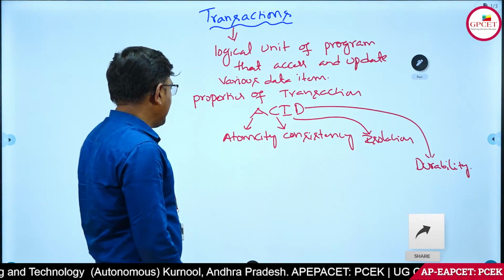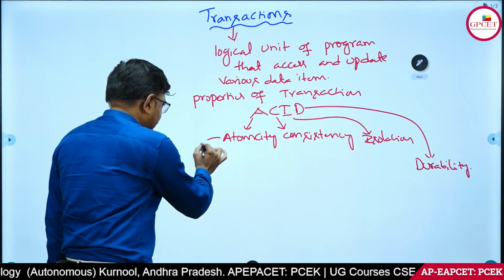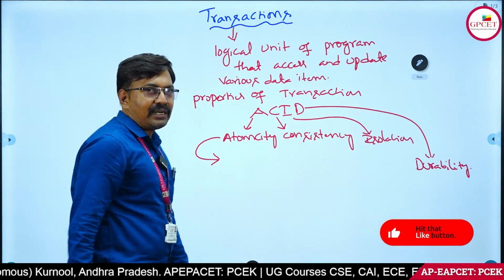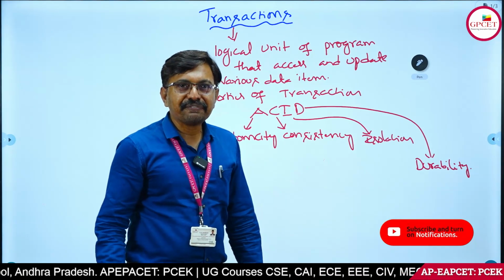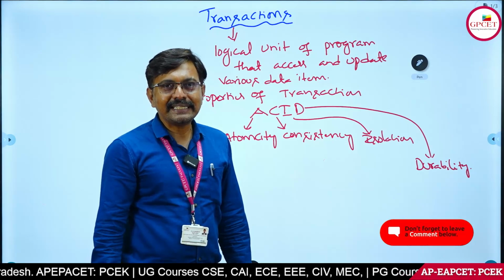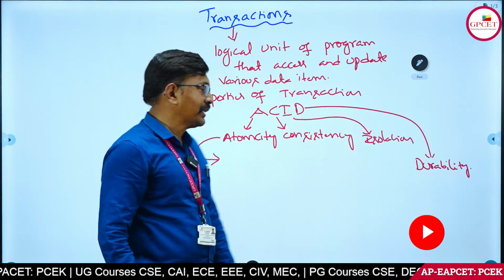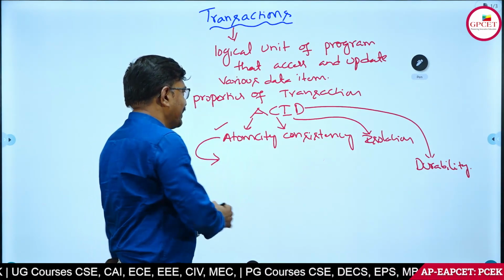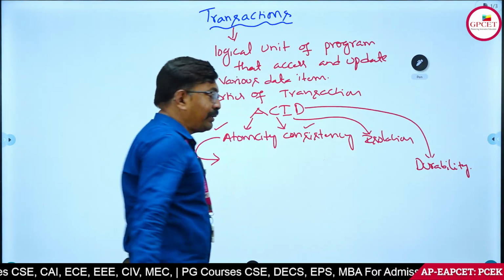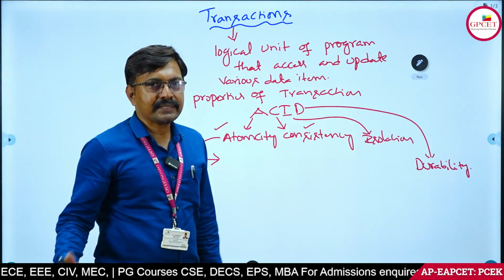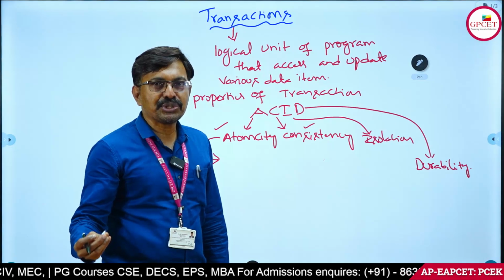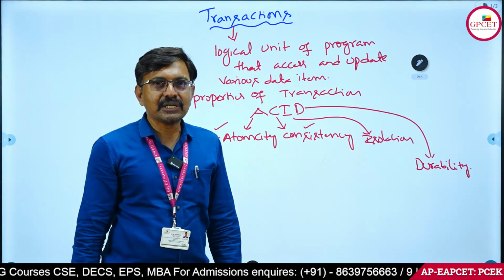What is meant by atomicity? Atomicity is nothing but that either all operations are reflected properly in the database in case of failures. Consistency: before execution the sum A plus B, after execution the sum A plus B does not change.